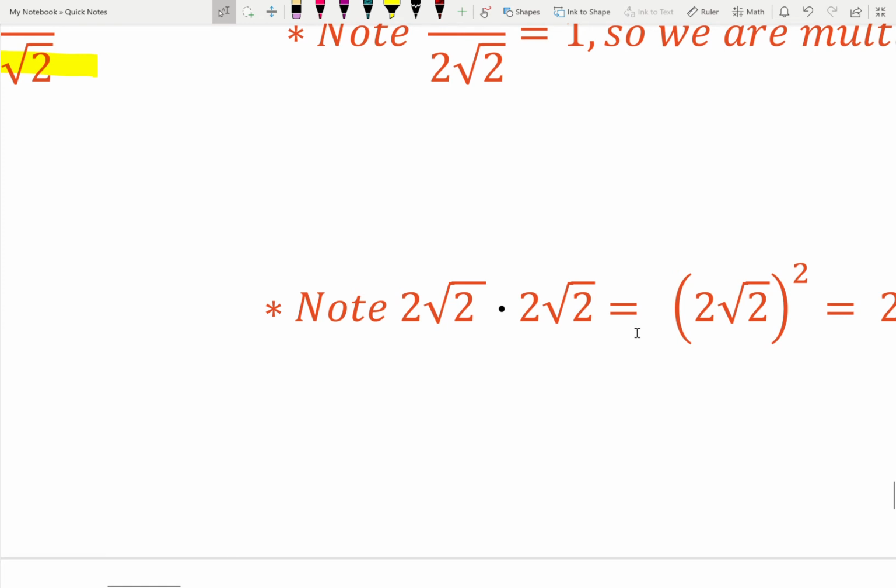So another way to express this is 2 times square root of 2, squared. Because I have the same thing multiplied by itself, that means it's that thing squared.